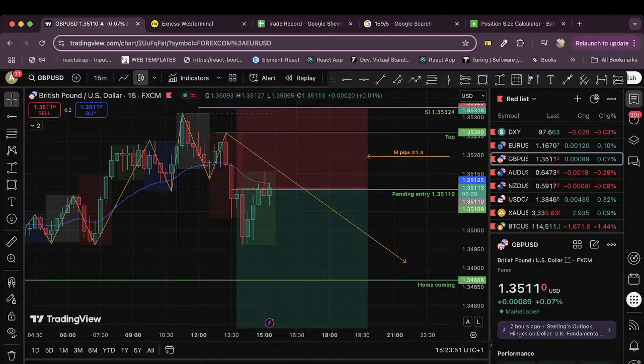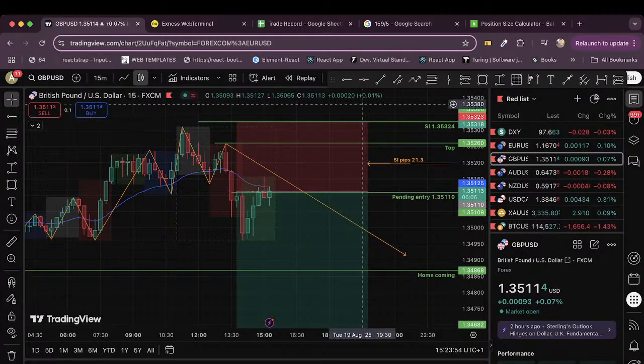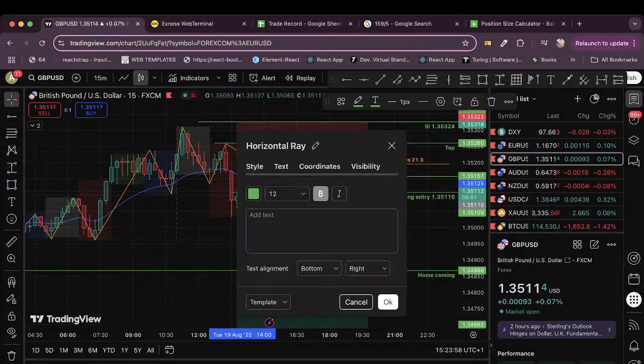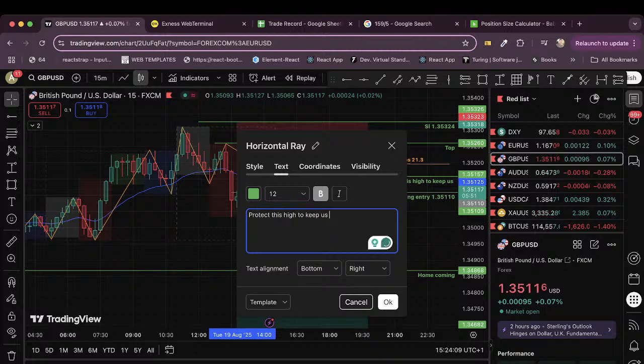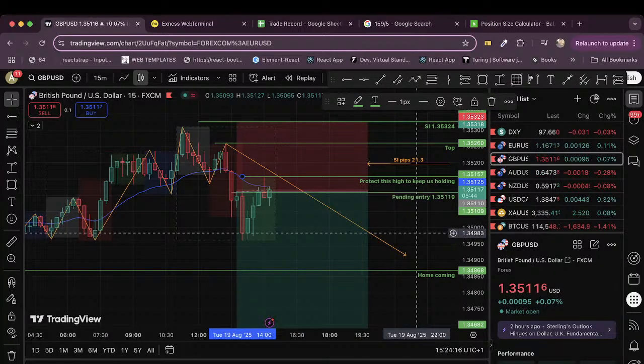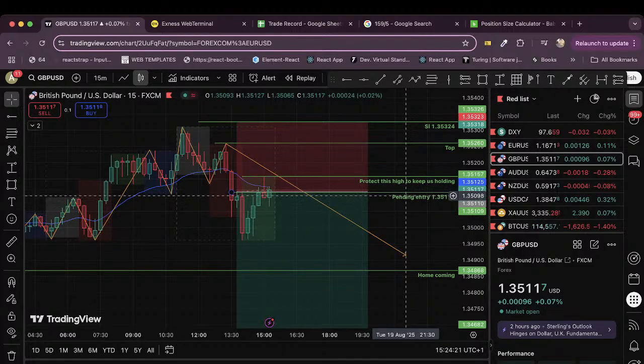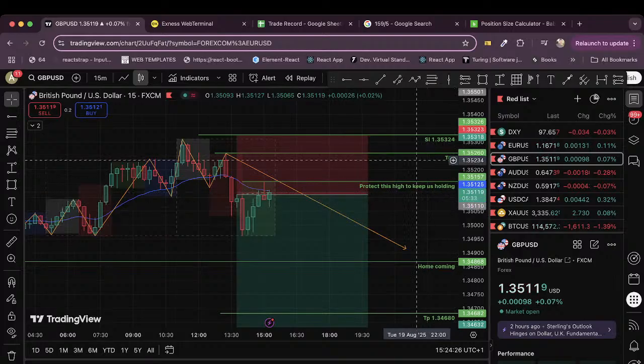Let me show you the price level I would want them to protect. I think I can remove this pending entry, so I don't need this anymore.